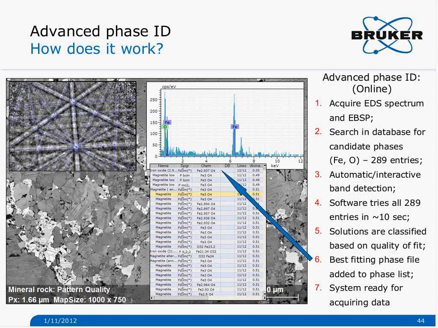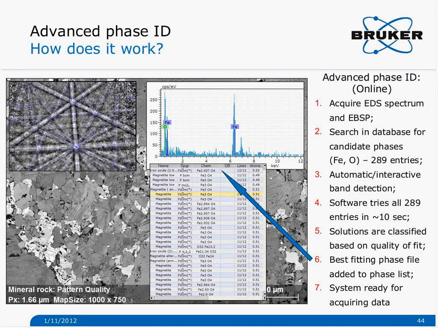You can launch the measurement just by knowing one phase to have, in a way, an idea of the quality of data you are acquiring. So it's good to have one phase present, and then you can launch a simultaneous EBSD and EDS measurement, and anything else needed to complete the data set can be done later offline.